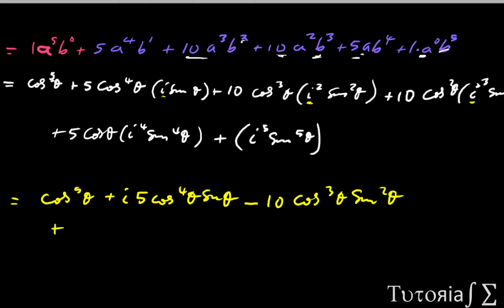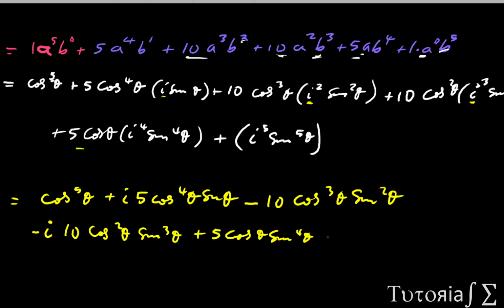Now we are here, I to the power 3, that is negative I, so that will be negative I, then we have 10 cos squared theta sine cubed theta. Then we are here, I to the power 4, that is positive 1, so that will just be plus 5 cos theta sine fourth theta. Then I to the power 5, that is simply positive I sine fifth theta.